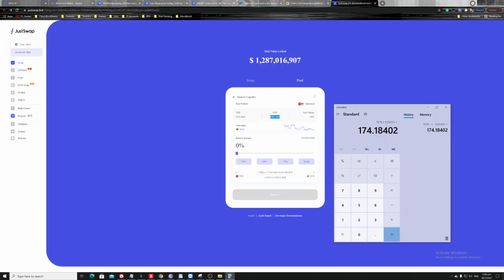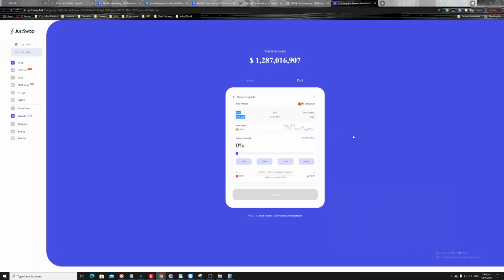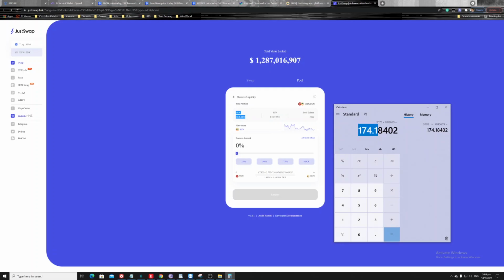I've done my calculation here. It's 174, meaning this TRX is worth 174 USD. Also this Sun, so to do the calculation, you just multiply this by two. Then this is the total amount I want to take from that particular pool.